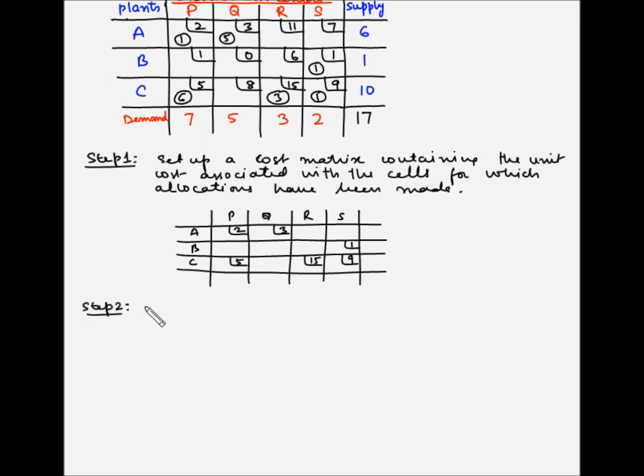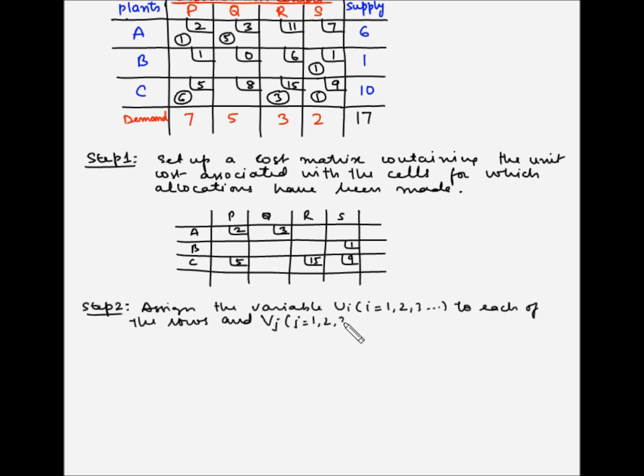So step number 2 says assign the variable ui, where i is 1, 2, 3 and so on, to each of the rows, and vj, where j is equal to 1, 2, 3 and so on, to each of the columns.